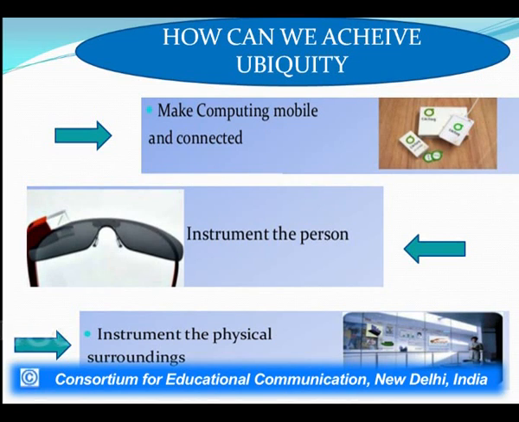As the number of mobile devices, networks, and instruments used by the person, and the number of physical devices surrounding the network increase, they should be located, but a user should not be aware of all these things. Then you can say the ubiquity level is high.